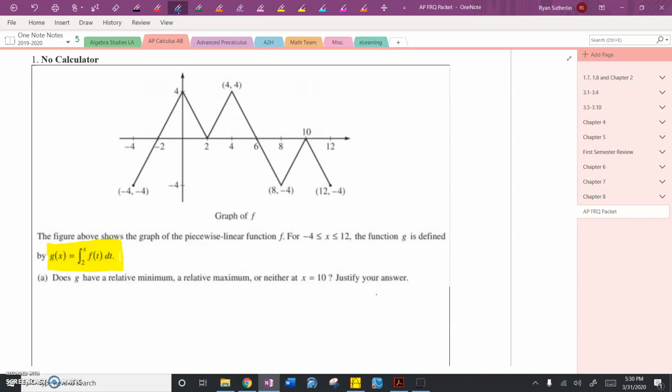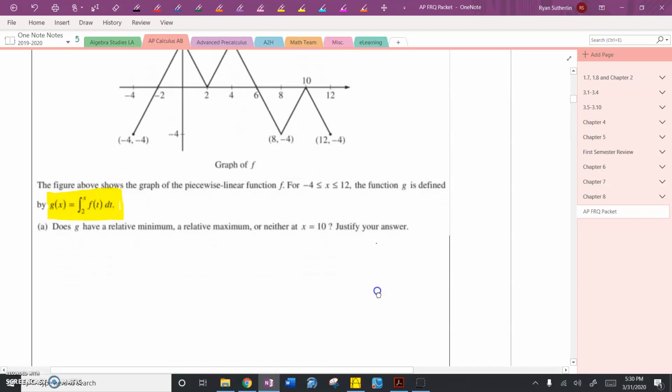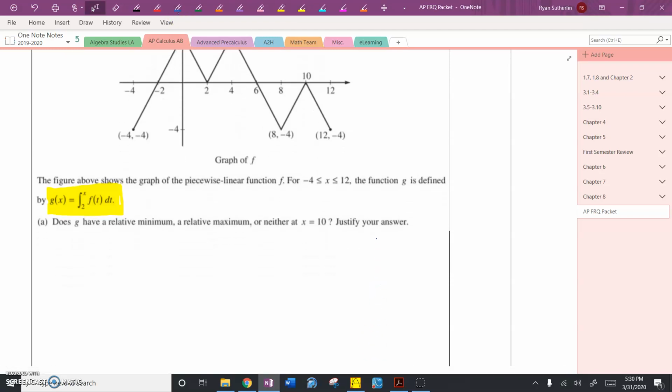Anytime a question asks whether a function has a relative minimum or relative maximum, we're always going to look at its derivative. So we know that g of x is the integral from 2 to x of f of t dt. That means g prime of x, using that second fundamental theorem of calculus, is equal to f of x, which is the graph that we're looking at.